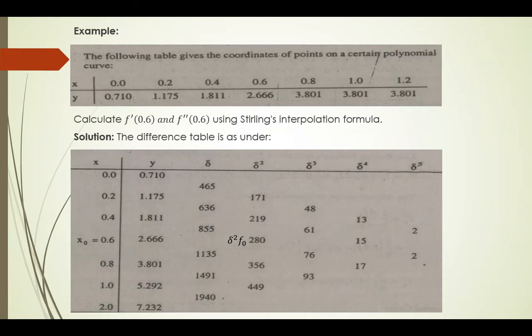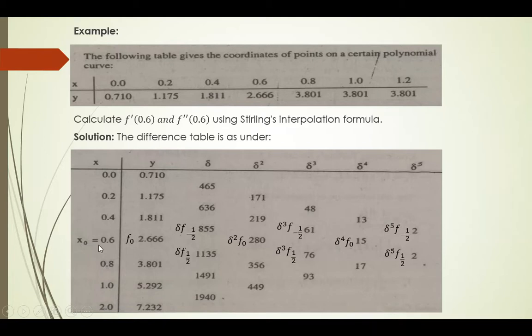That is the difference table, and from this difference table you need to identify those differences. We see that xp is 0.6 and 0.6 is given in the table. So whenever this is xp, this is your x0, and this is xp as well.